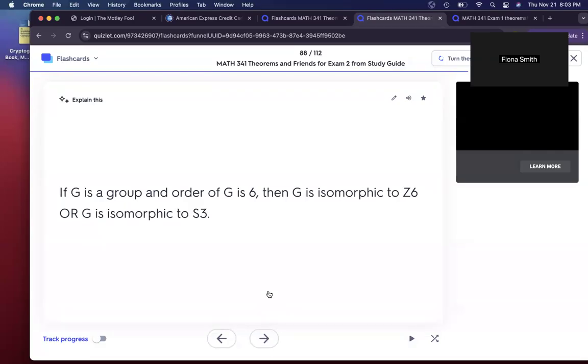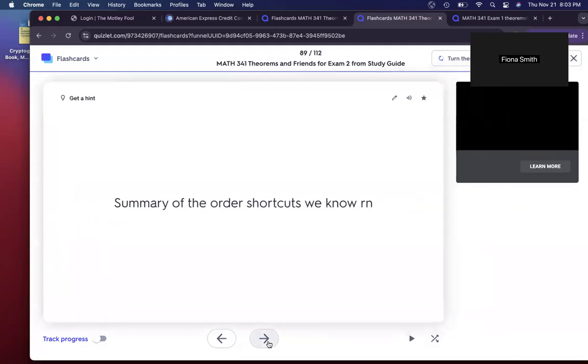But the symmetric groups are not abelian. Okay, so if we know G is not abelian, then G is isomorphic to S3 automatically, if the order of G is 6. But if we're told G is abelian, and we find that the order of G is 6, automatically we know it's isomorphic to Z6.